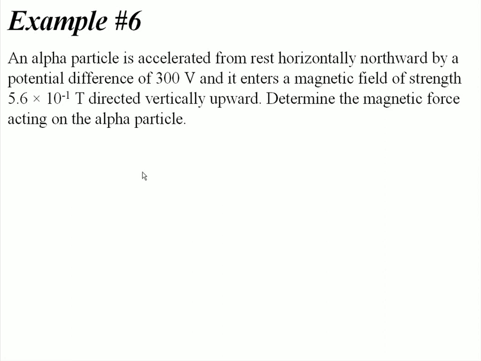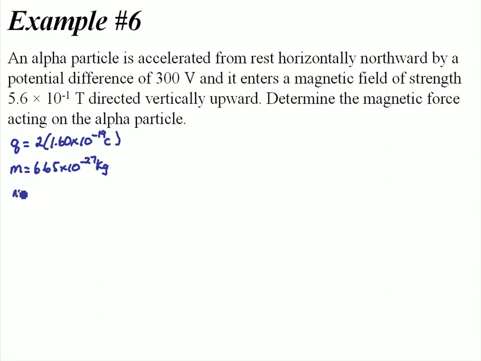Well, let's start with what we know. We have an alpha particle, so we know its charge is twice the elementary charge, so 2 times 1.60 times 10 to the negative 19 coulombs. We know its mass, 6.65 times 10 to the negative 27 kilograms.